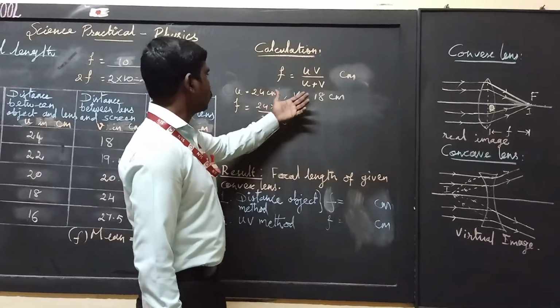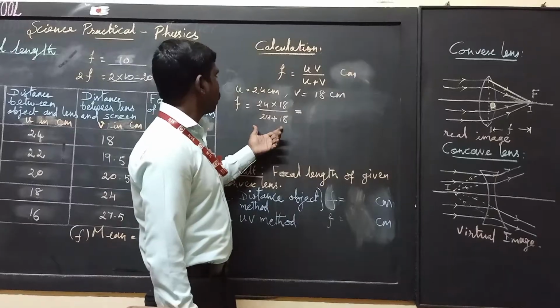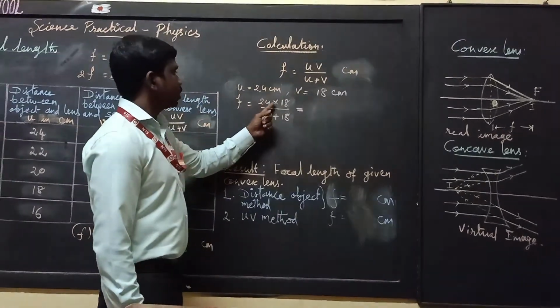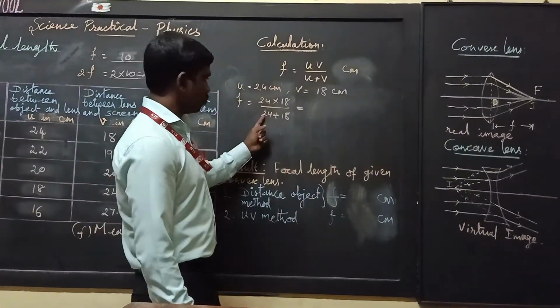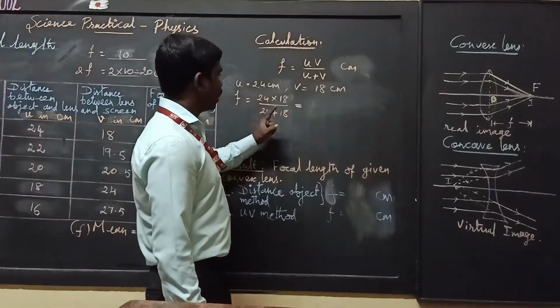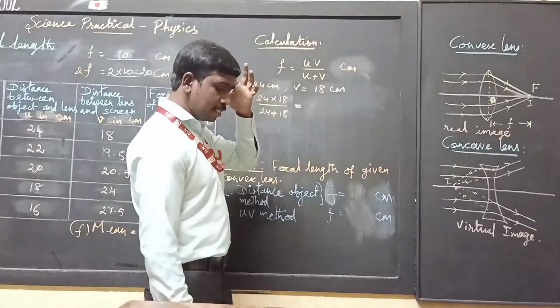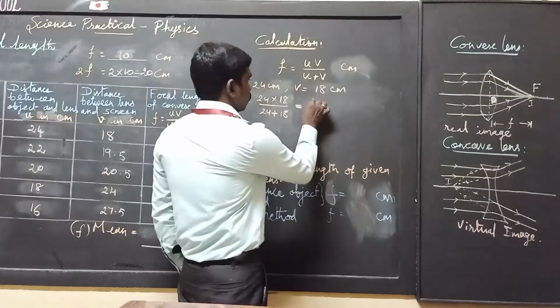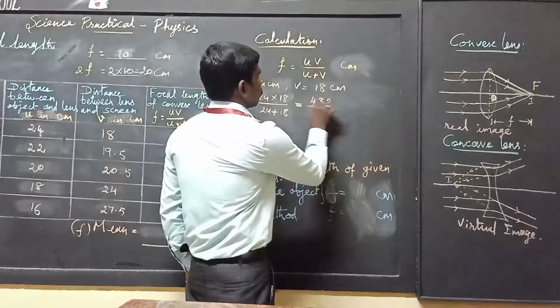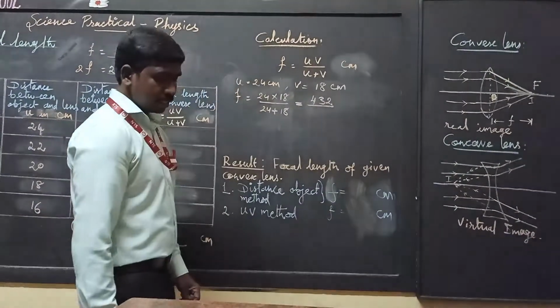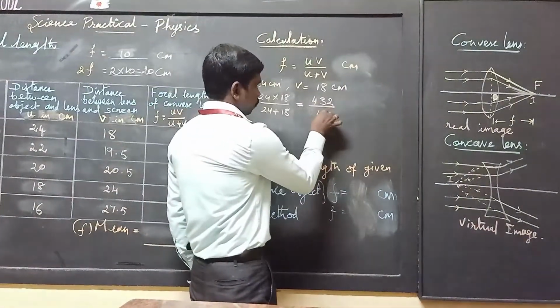Now we substitute the known data in the given formula. F is equal to 24 into 18 divided by 24 plus 18. By calculation, 24 into 18 is 432, and 24 plus 18 is 42.